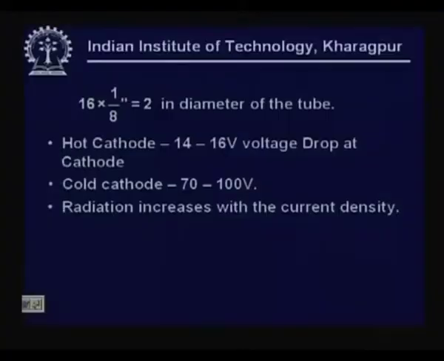So, radiation obviously increases with the current density. Higher the current density, you have higher radiation of ultraviolet light which impinges on the phosphors coated in the interior of the glass envelope, which we call the tube. In fact, colloquially we refer to these lamps as tube lights.